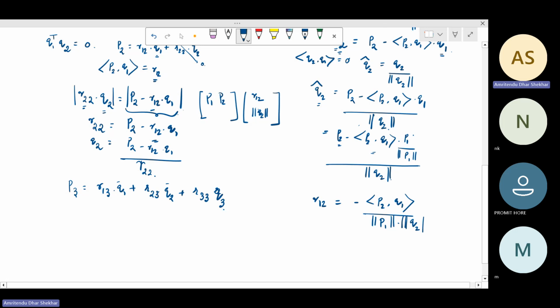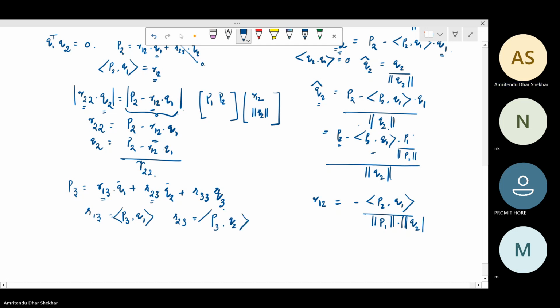Every time you take an inner product, you will get basically this factor. So this thing comes out. So basically R13 is equal to P3 inner product with Q1. R23 is P3 inner product with Q2.